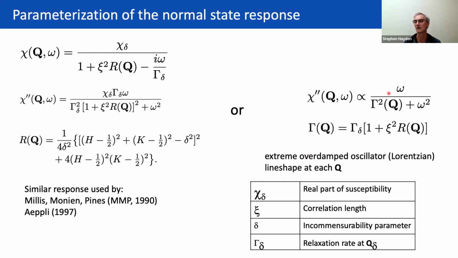In the extreme damping limit of the damped harmonic oscillator, it has this form, and then the line width, the characteristic energy, varies like this. So we can fit these with 4 parameters: the real bar susceptibility, correlation length, incommensurability parameter, and the relaxation rate.